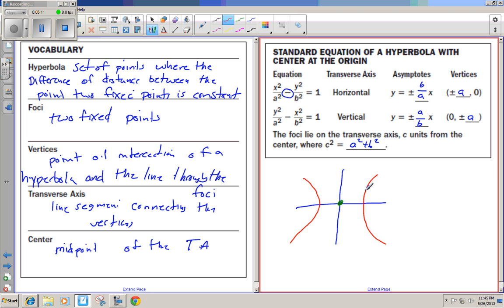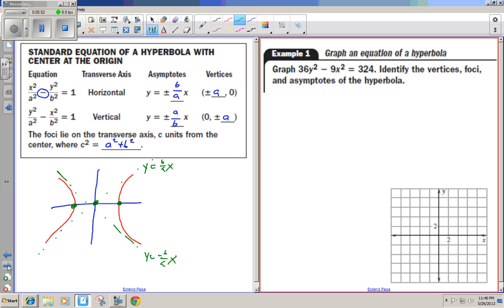Therefore, the asymptotes are at B. The asymptotes here actually form an X. This one would be y equals positive B over A x, and this one here would be y equals negative B over A x. The vertices are at A, whatever the A is. And that's about it. Let's do some of these problems.